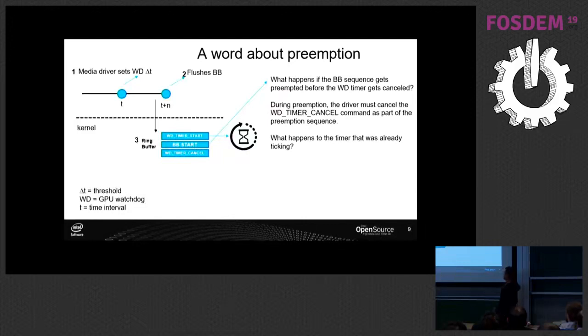A word about preemption. Going back to the watchdog step by step, we have the media driver setting the watchdog timeout. We flush the batch buffer, we initiate the watchdog timer, and then the graphics driver starts processing the batch buffer. Now, what happens if during the execution of the batch buffer we get preempted, and we've enabled the watchdog?